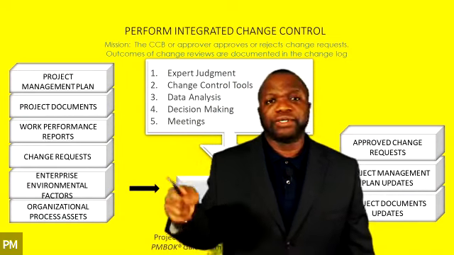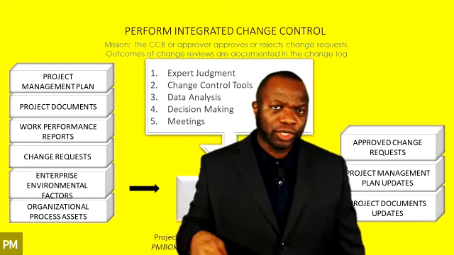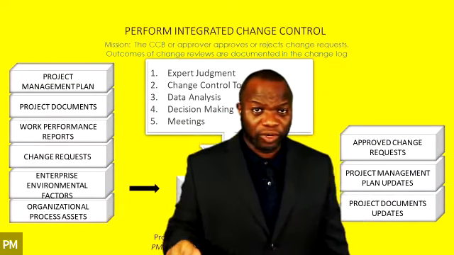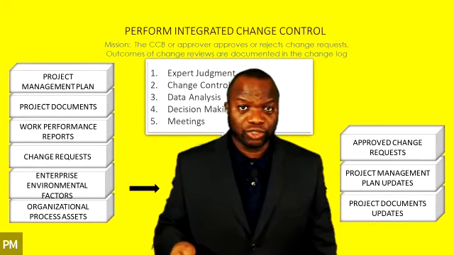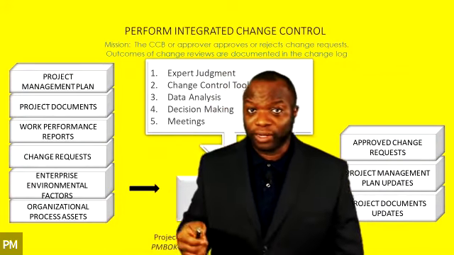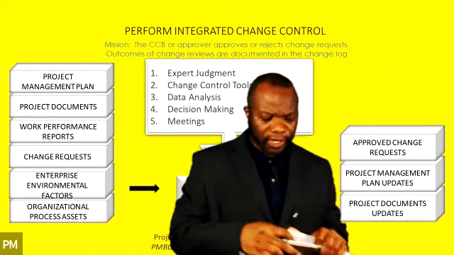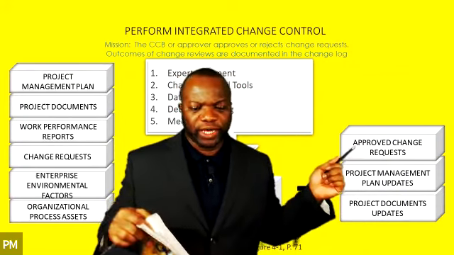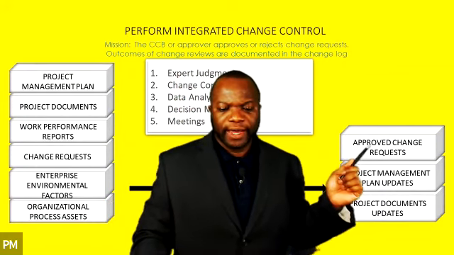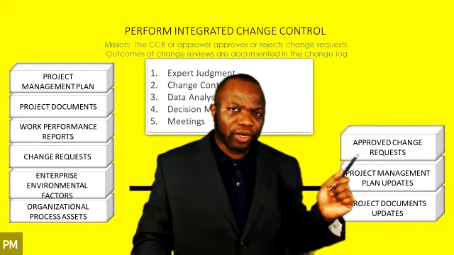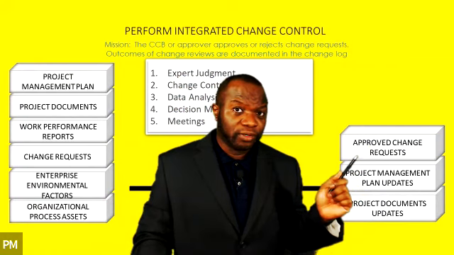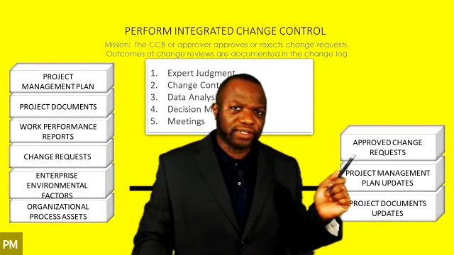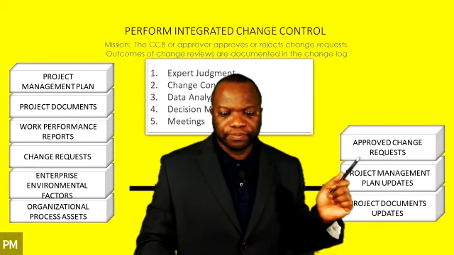Meetings, change control meetings, change management meetings, whatever you want to call them, meetings of the change control board to decide upon the outcome. Now, over here, we have approved change requests, and this refers to an outcome of approval. You're approving the change request and saying, yeah, we'll go ahead, we'll do it.